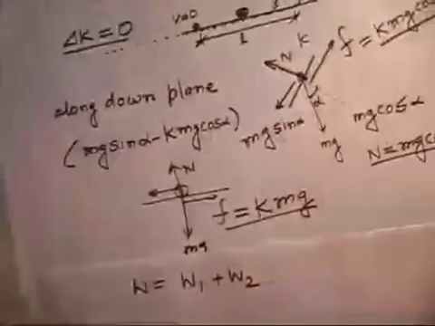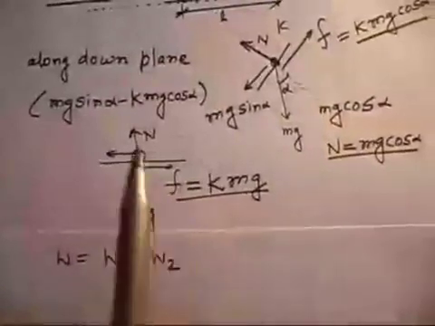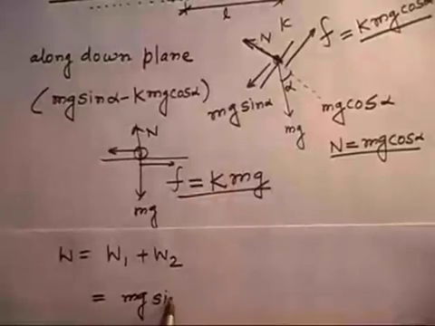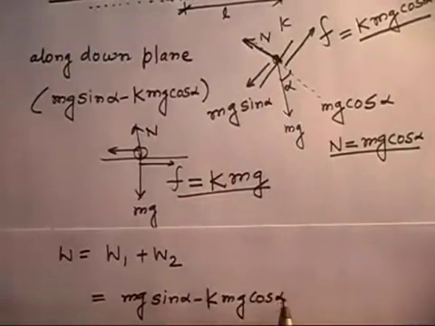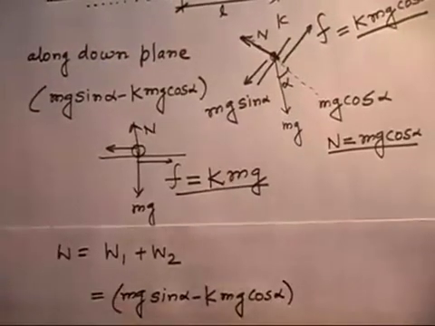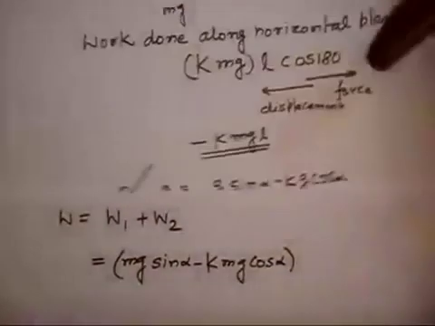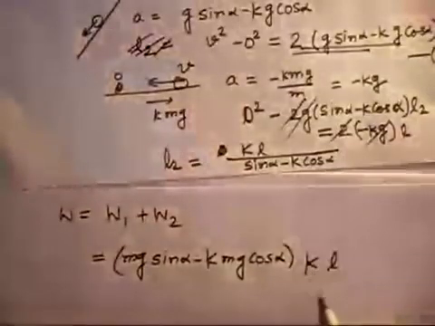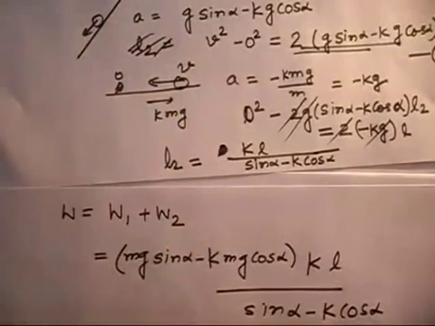Coming down the incline, the force is mg sin alpha minus kmg cos alpha. This is the force, into the displacement, which we have already found: L2 is k times L divided by sin alpha minus k cos alpha. So this is W1, plus W2.